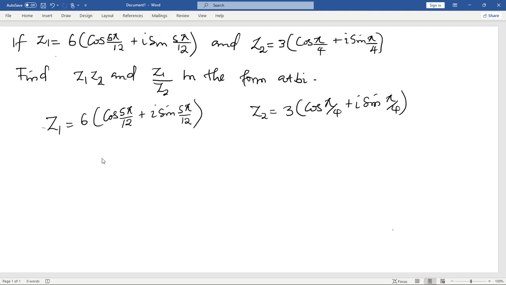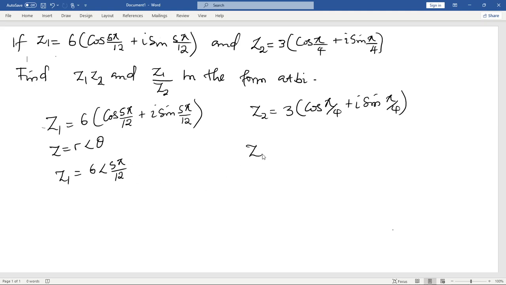Now let's write this in the short polar form. z1 will simply be equal to 6 with the argument 5π/12.